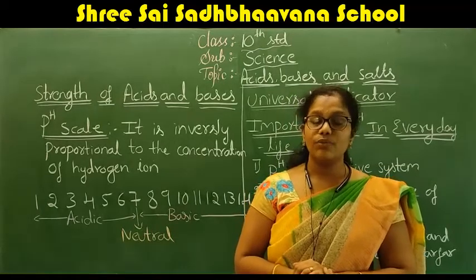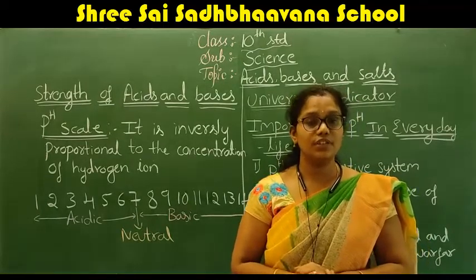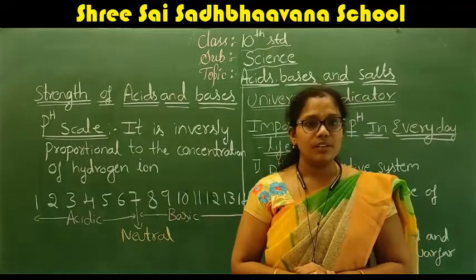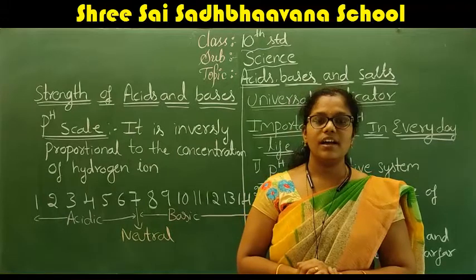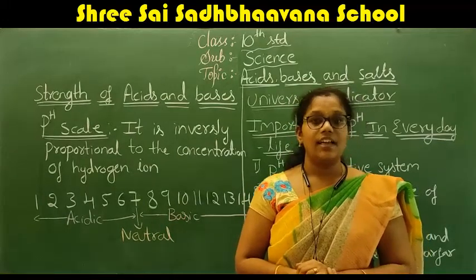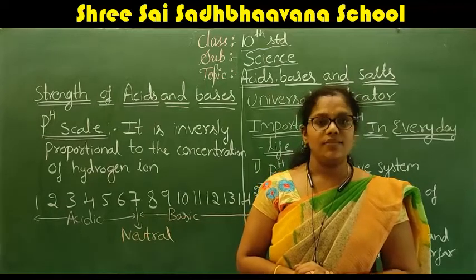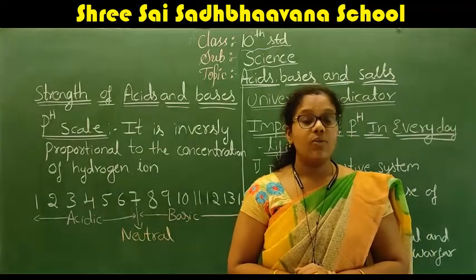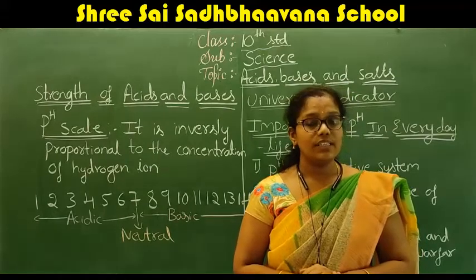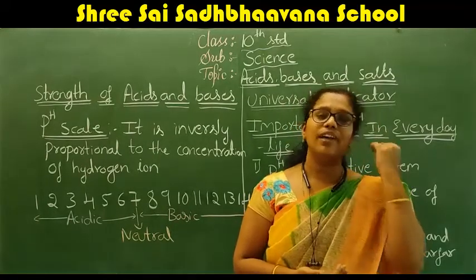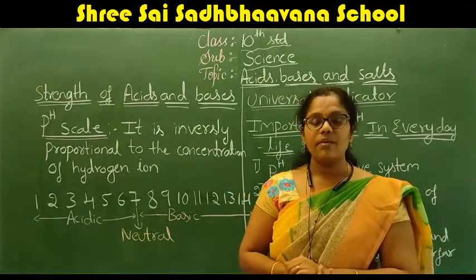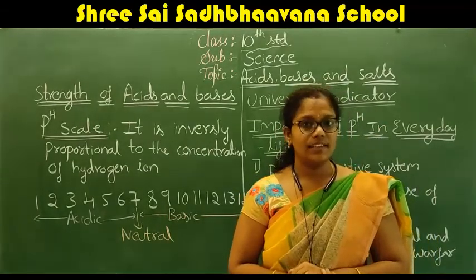We also defined bases, and studied strong bases and weak bases. All these concepts we understood in the last class. In today's class, we are going to discuss the uses of bases. After that, we discuss how to find the strength of an acid and a base using the pH scale.